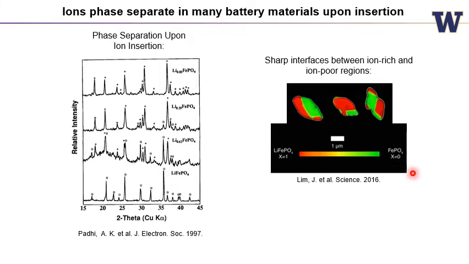A recent study has also shown that this results in very sharp phase boundaries between lithium-rich and lithium-poor regions of these materials. This made us think that maybe something similar is happening with PB2TEG.